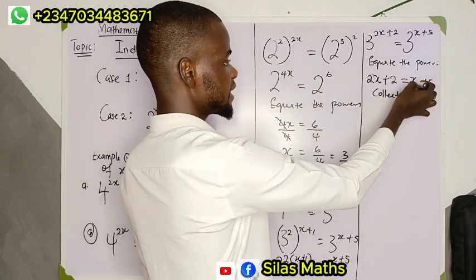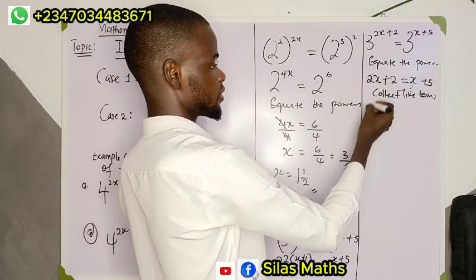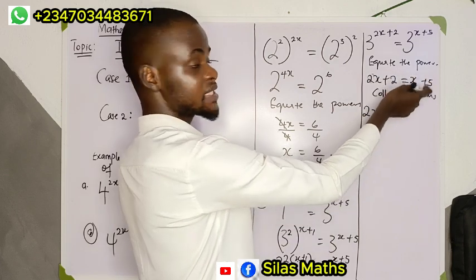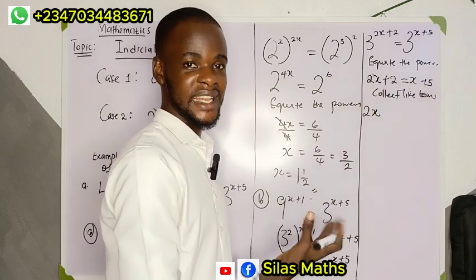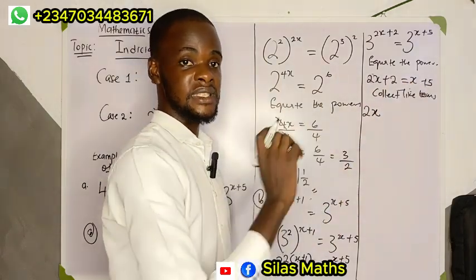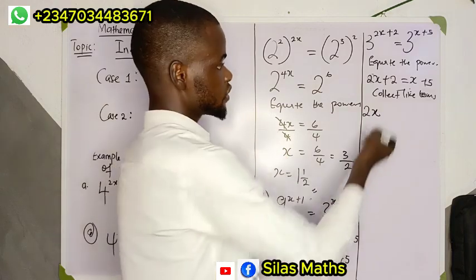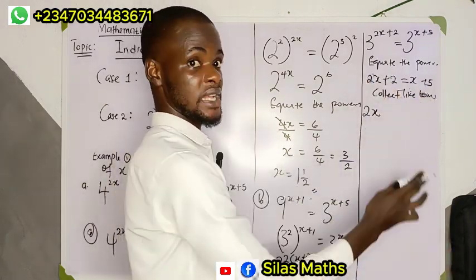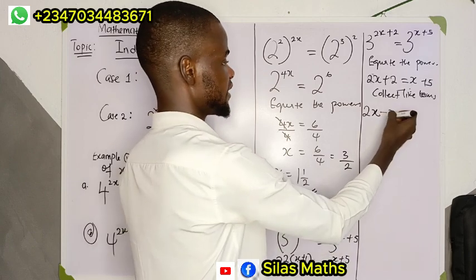So bringing x over to this side of the equation, I will have 2x. So this is a positive x. When any number crosses over the equality sign, the sign it carries will change. So for this x having a positive sign, when it crosses over to the other side, the sign will become negative x.